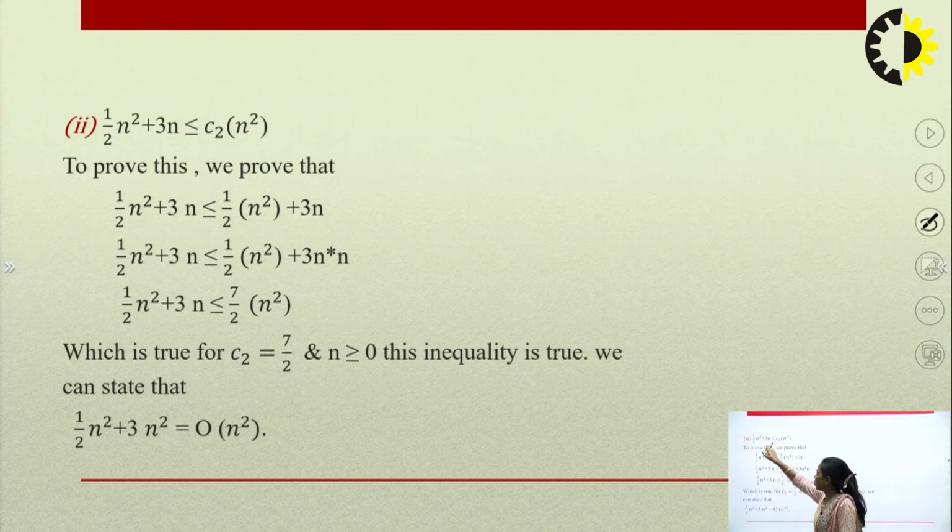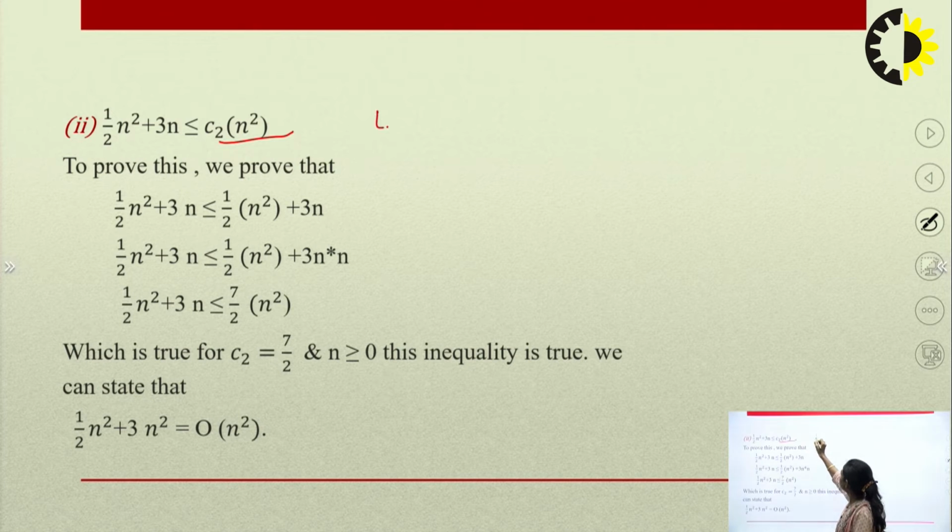The second part of the inequality is 1 by half n square plus 3n less than or equal to C2 n square. Now before going to this inequality, we analyze something. The left hand side contains 1 by half n square plus 3n and the right hand side contains C2 of n square.